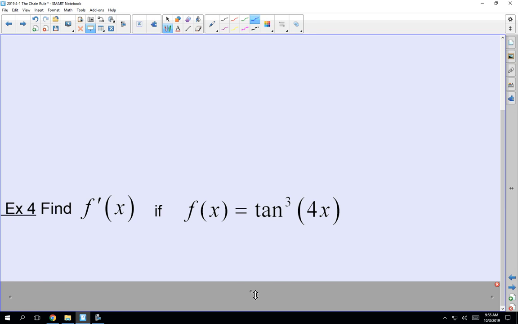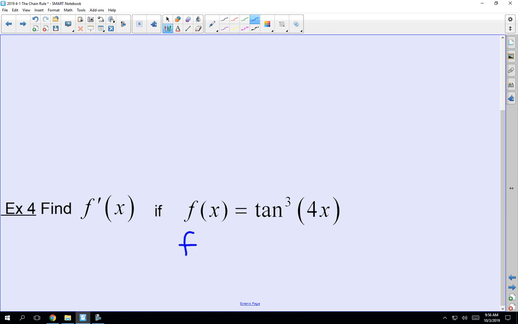All right, so we've actually got a chain of 3 here. I'm going to rewrite this, so hopefully this will help you. You got to be able to see this as a chain of 3. So here's how we'll rewrite it. Think of this as tangent of 4x, cubed. Okay, so right there is a chain of 2, right?